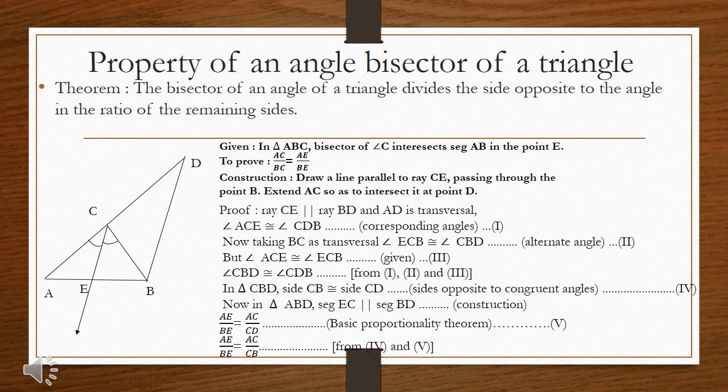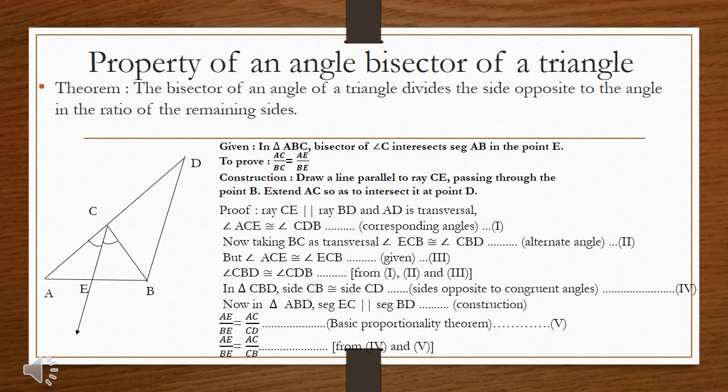Now let us observe the first, second and third equations. We can say that angle CBD is congruent to angle CDB. That means angles B and D are congruent. So in triangle CBD, angle CBD is congruent to angle CDB.